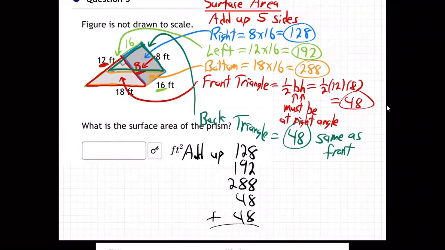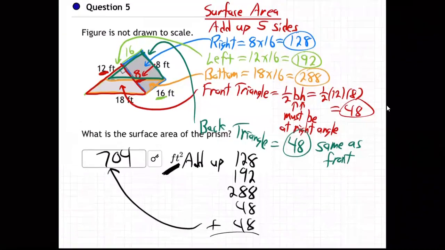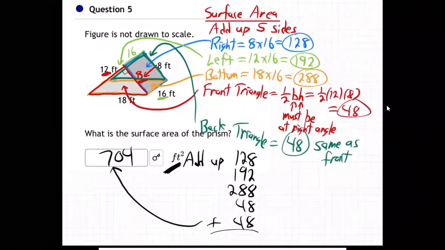I'm getting 704 for mine anyway. Square feet, again, because area is how many squares can fill up all the sides, all the way around that object, all the surface around all 5 sides of that object.